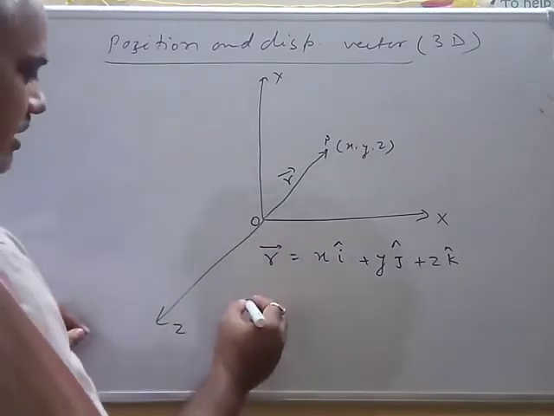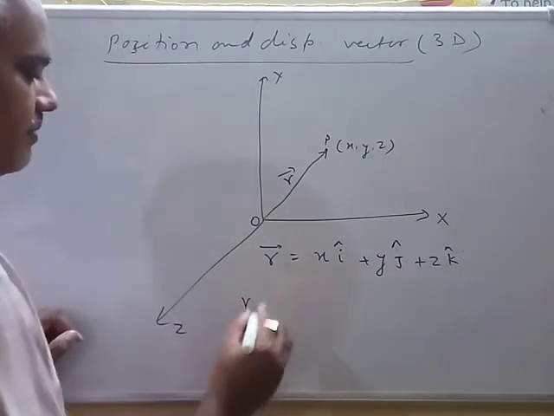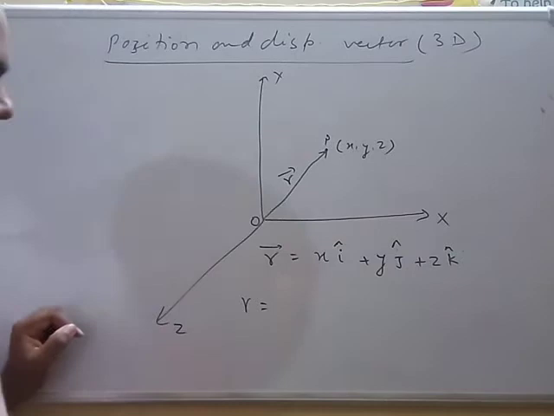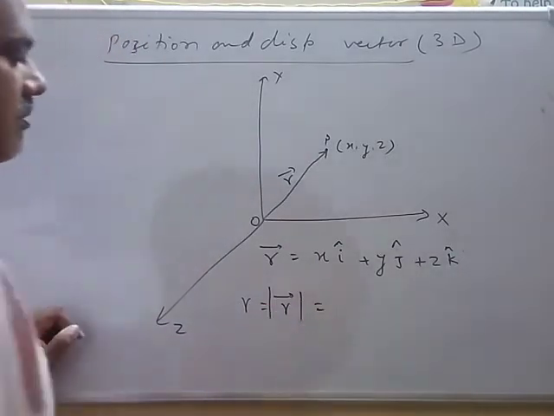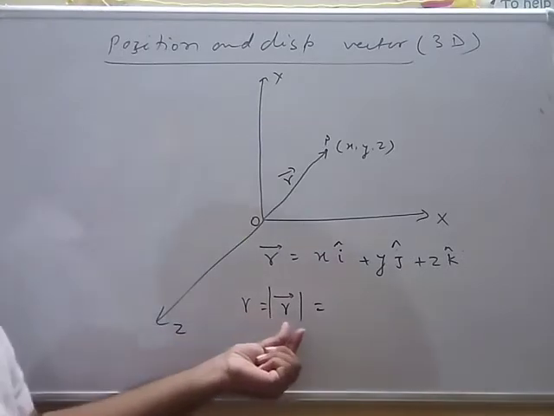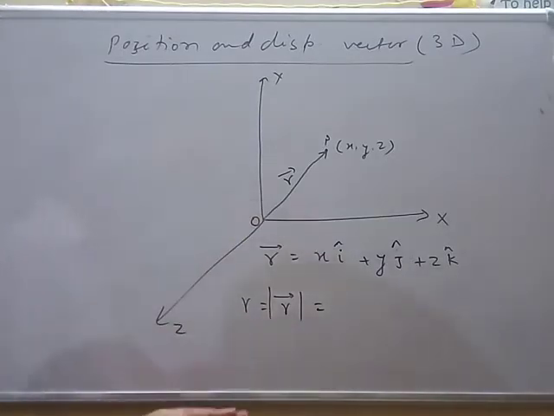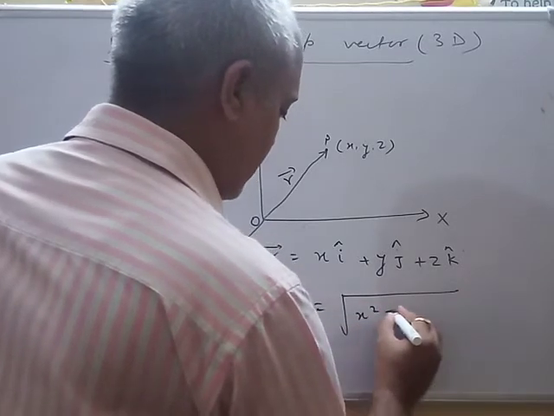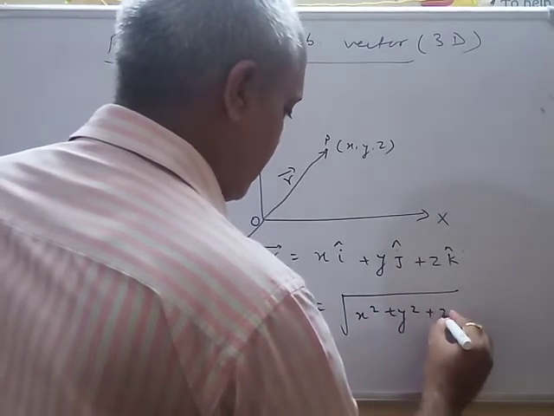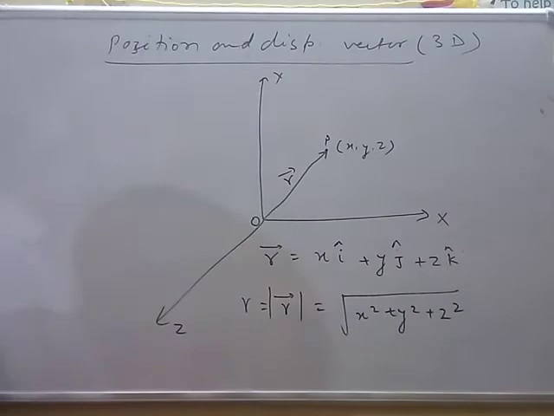If we evaluate its mod, it will come out as mod of position vector r equal to square root of x square plus y square plus z square.